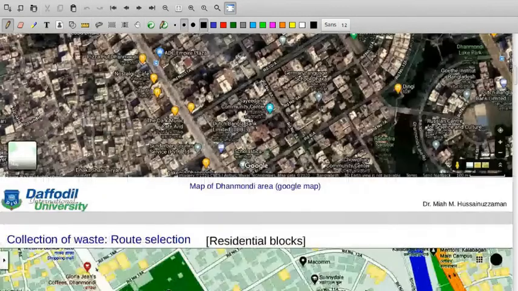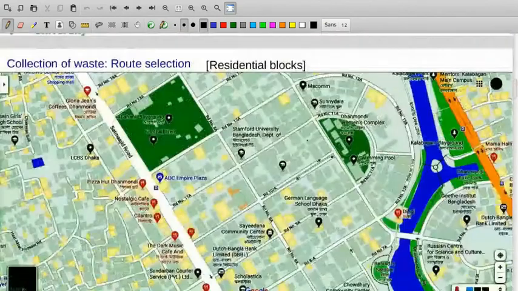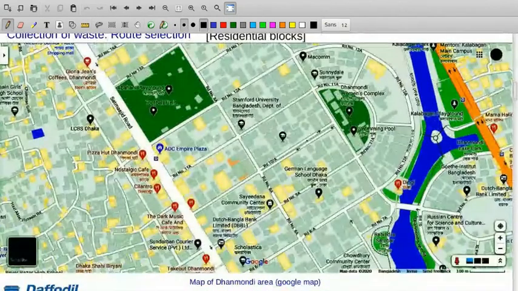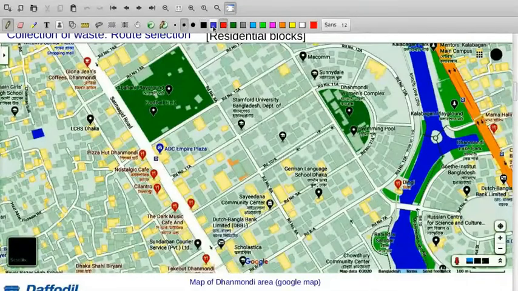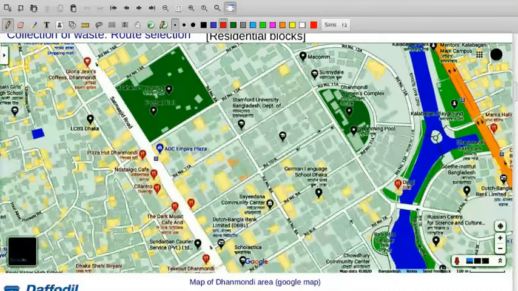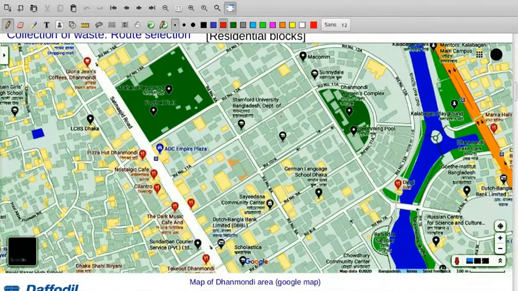Okay, next thing is we have to make a map like this, and if you look carefully, say for example, in this block there are many houses, and the people responsible for collecting waste should know how many families are living in each house. Maybe this is a 6-story house with 12 families.